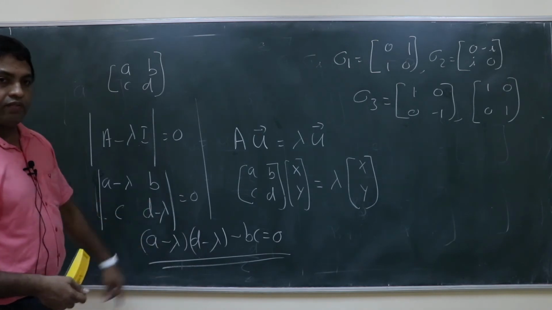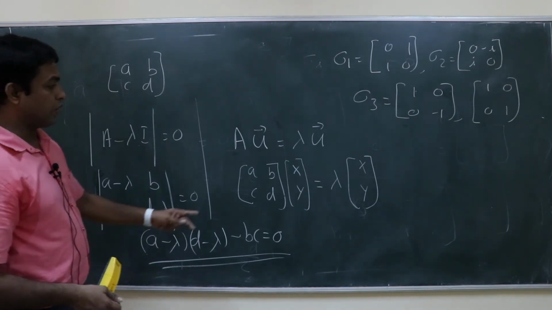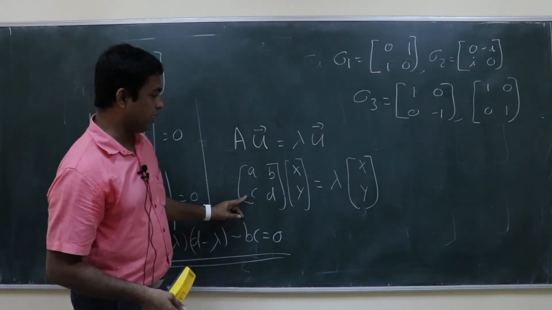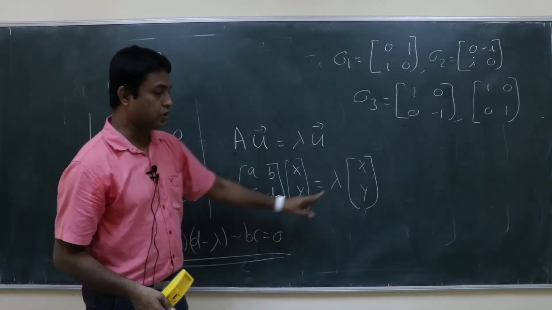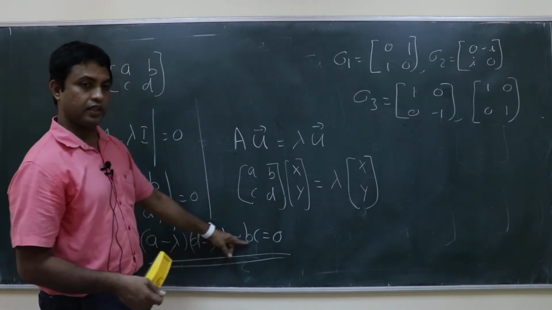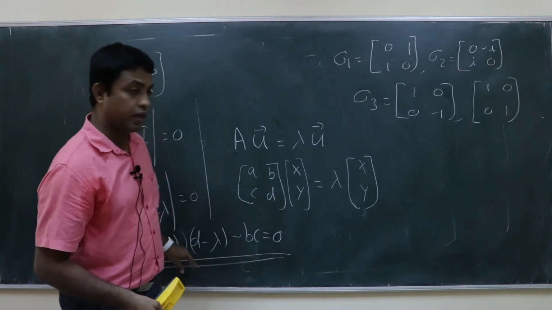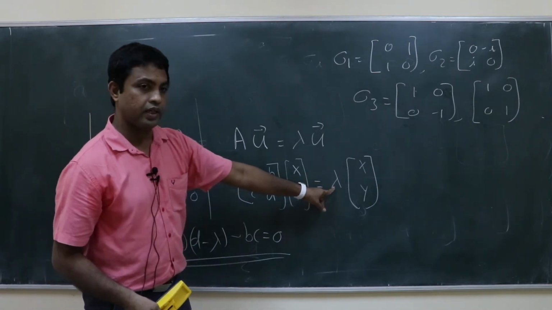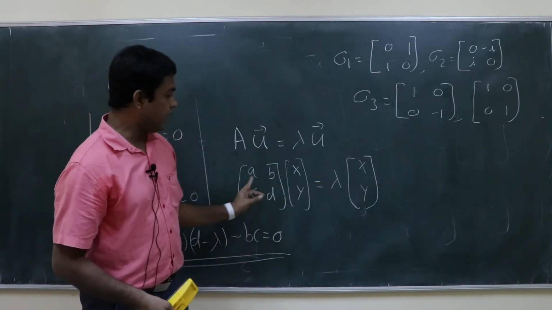If I get the eigenvalues, then for a 2 by 2 matrix, by solving the characteristic equation you find lambda 1 and lambda 2. You substitute lambda 1 here and lambda 2 there, and then you can solve.